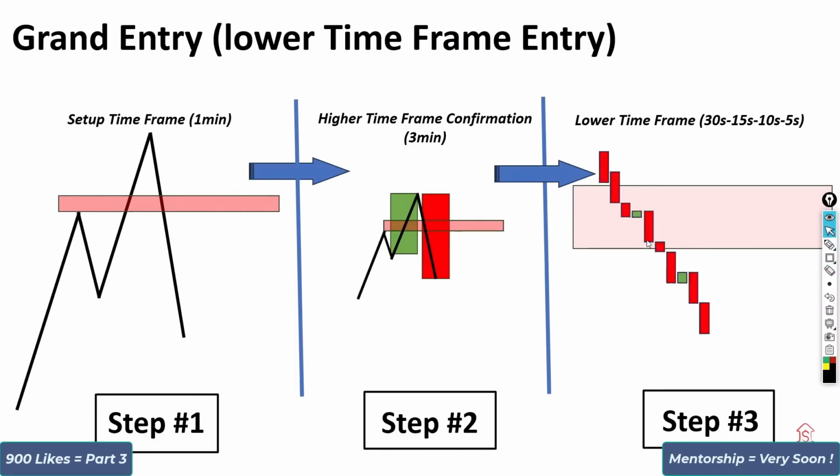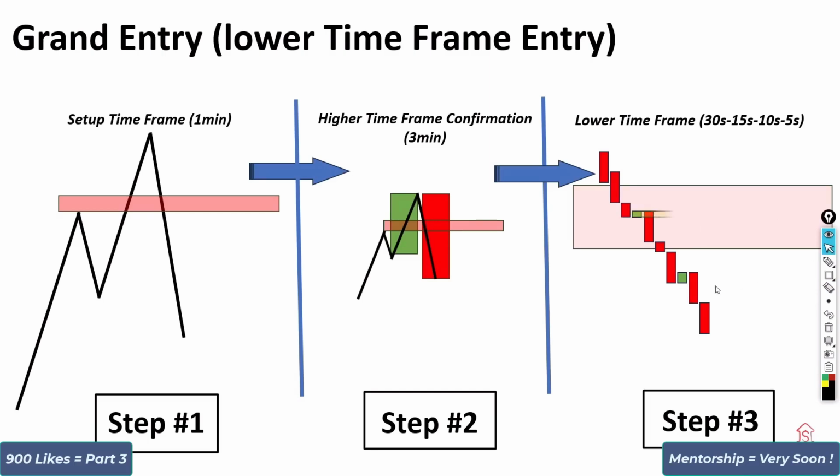So for example, if this is the 15 second or 10 second or 5 second time frame, and this is the same zone, we will look for supplies here, okay? And now you have to flash back to the previous episode, where we talked about the basic supply and demand, all right? So the basic supply and demand right here, as you'll know, is this one, right?